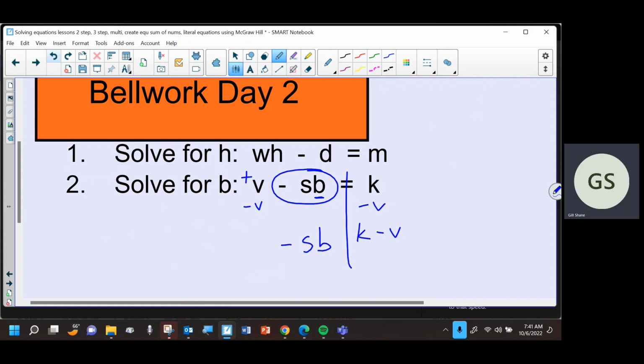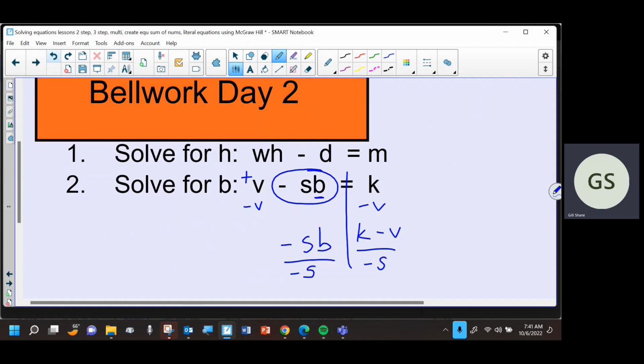So now if I just want to get rid of B, I divide by the S, but if it's got a negative in front of it, it's still glued to it. Doesn't matter that it's a variable. So I divide by a negative there and a negative there, and I'm fine with that being your final answer. That's not what you would see on a multiple choice quiz from the district.